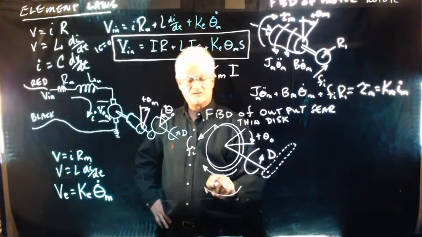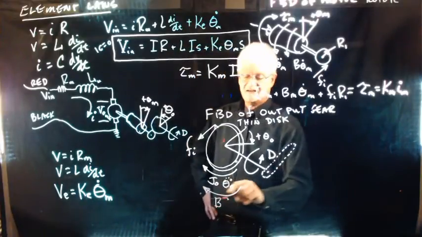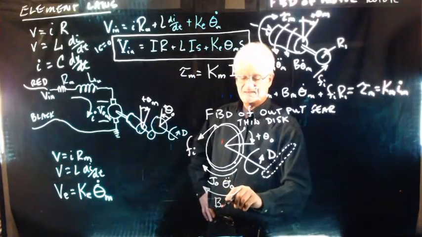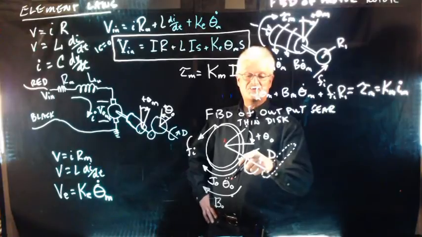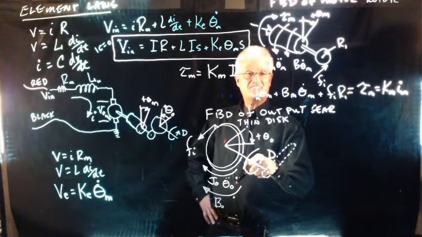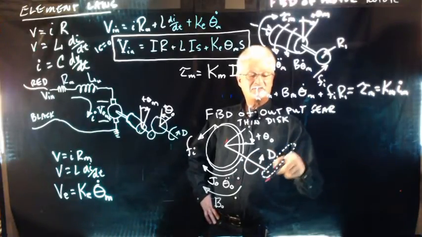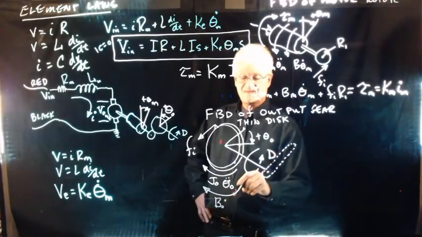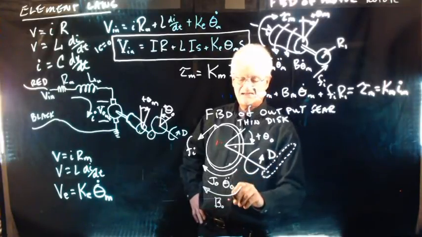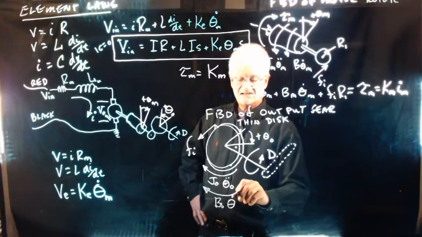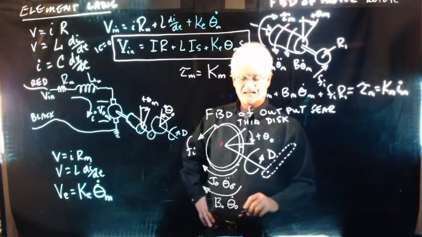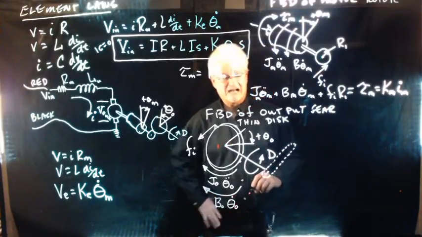Then we're going to have another force on here, B sub out. Maybe there are also bearings on the output shaft that have some kind of viscous damping. Perhaps this is a wind turbine blade and there's some aerodynamic viscous damping. That damping is mostly dependent on the velocity at the output shaft.